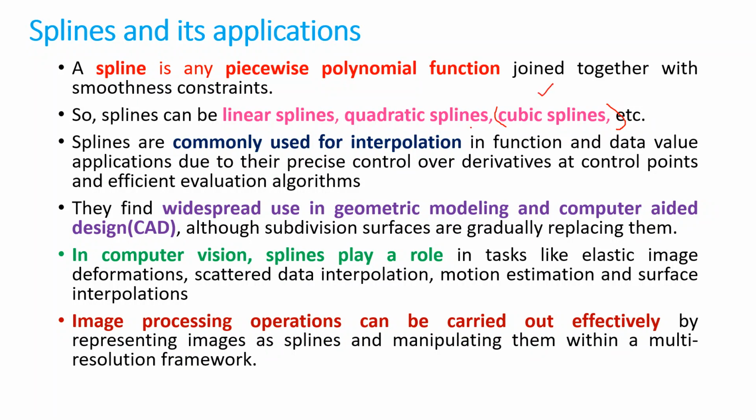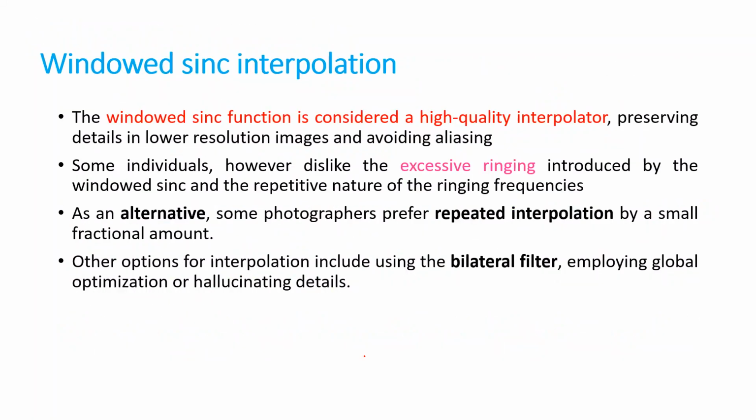It can be useful for computer aided design, and in computer vision we can use this spline for elastic image deformation, motion estimation, and image processing operations can be effectively carried out using this spline.